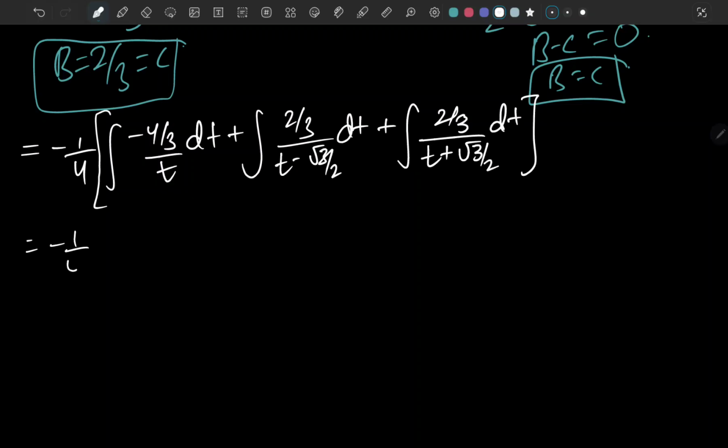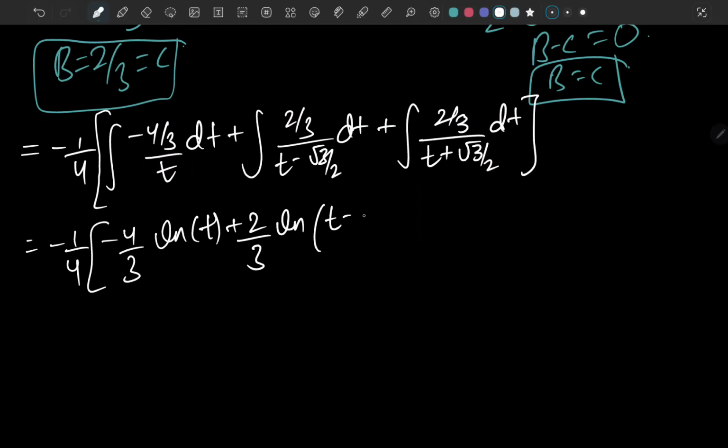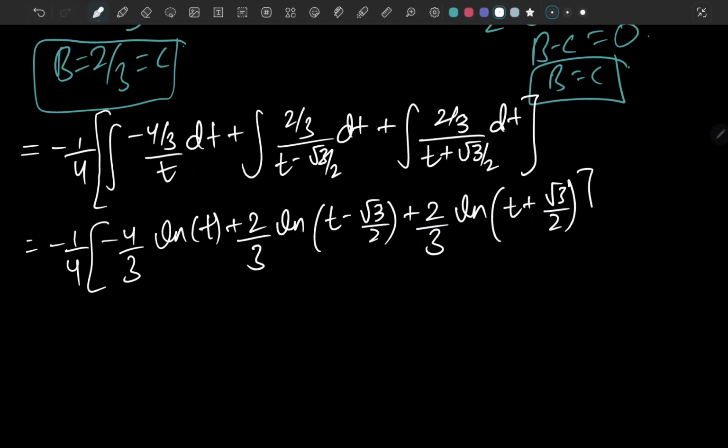So this becomes negative 1 over 4 times negative 4 over 3 ln of t plus 2 over 3 ln of t minus square root of 3 over 2 plus 2 over 3 ln of t plus square root of 3 over 2.